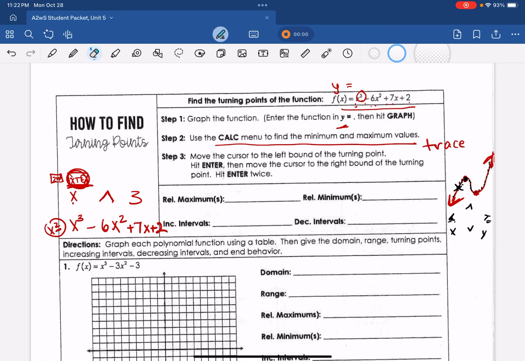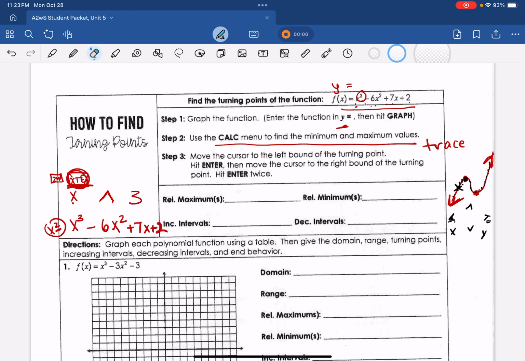So you're going to find that your relative maximum, patience, grasshopper, x to the third, let me type it in my calculator because I can't find my notes, times x squared minus x squared plus 7x plus 2. All right, sorry about that.